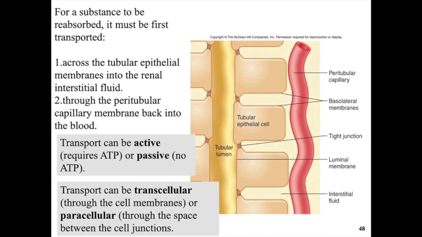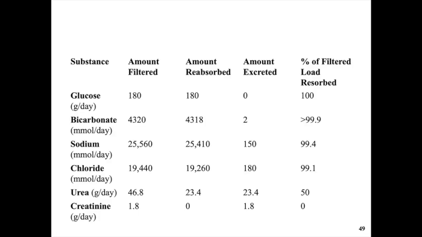And so the process oftentimes involves, so we're talking about tubule, interstitium, and peritubular capillaries. So we see here the amount of filtrate, the amount that is filtered for certain substances, and the amount that is going to be reabsorbed. One general idea is that the more important they are to the body, the more they are going to be reabsorbed.